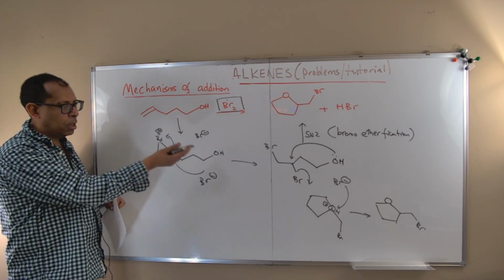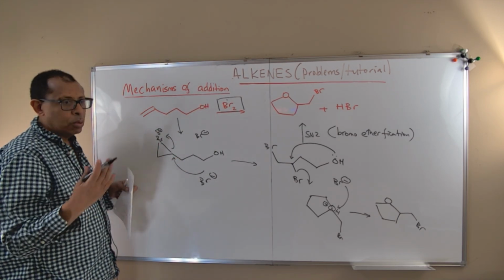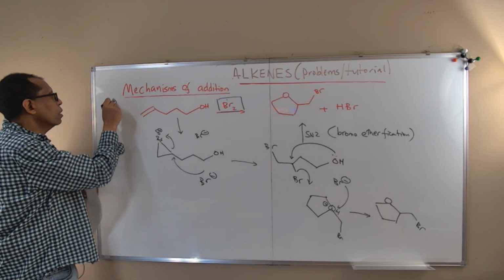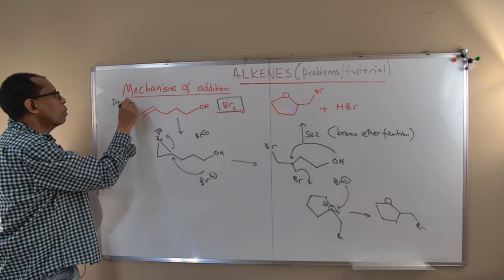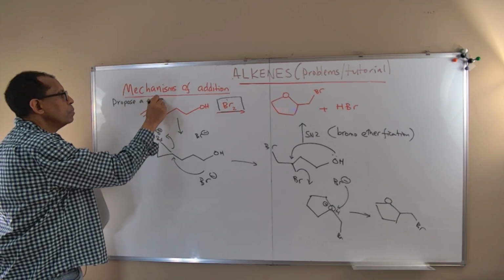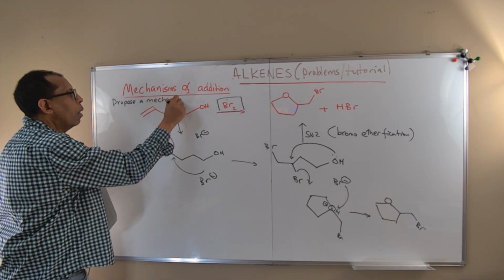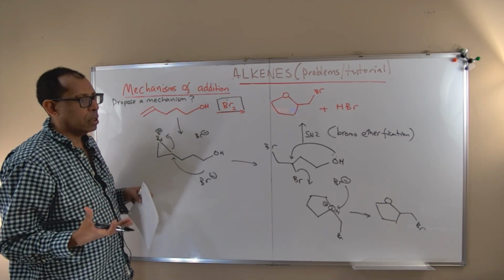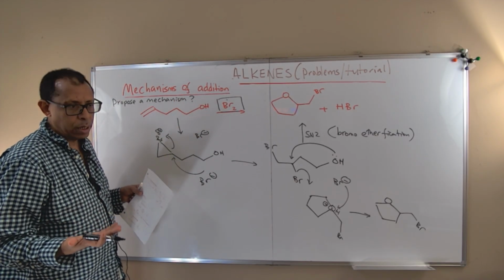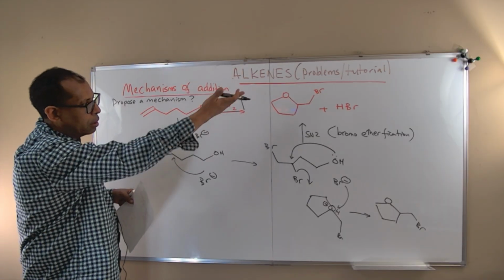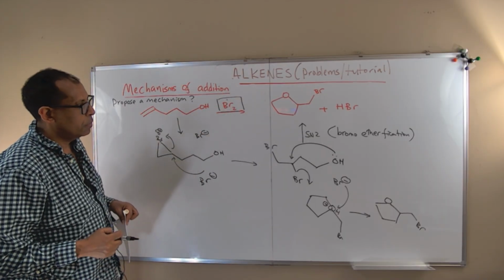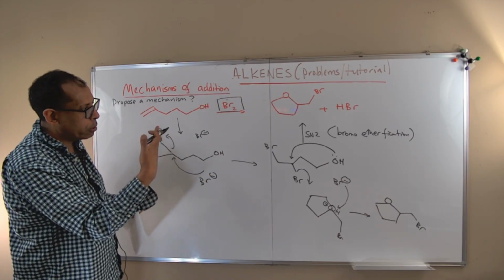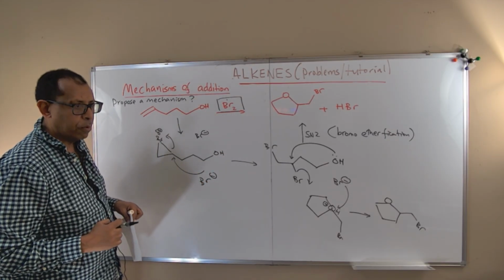Usually the question asked is to propose a mechanism for how that is formed. This is a typical question you would get in organic chemistry. So we proposed a very reasonable electron, or arrow pushing, mechanism for this reaction.